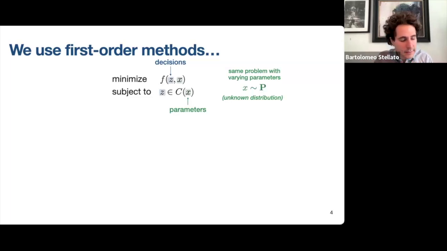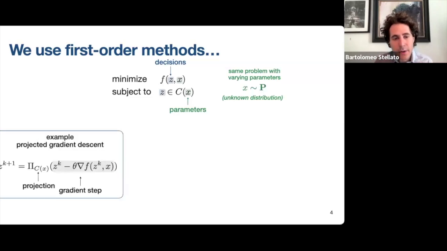The algorithms that we will use to solve convex problems of this type are first-order methods. For example, a common way to solve this is using projected gradient descent, where at every iteration we compute a gradient step of the function f with respect to the decision variable z_k, and then we project onto the set of constraints C of x.